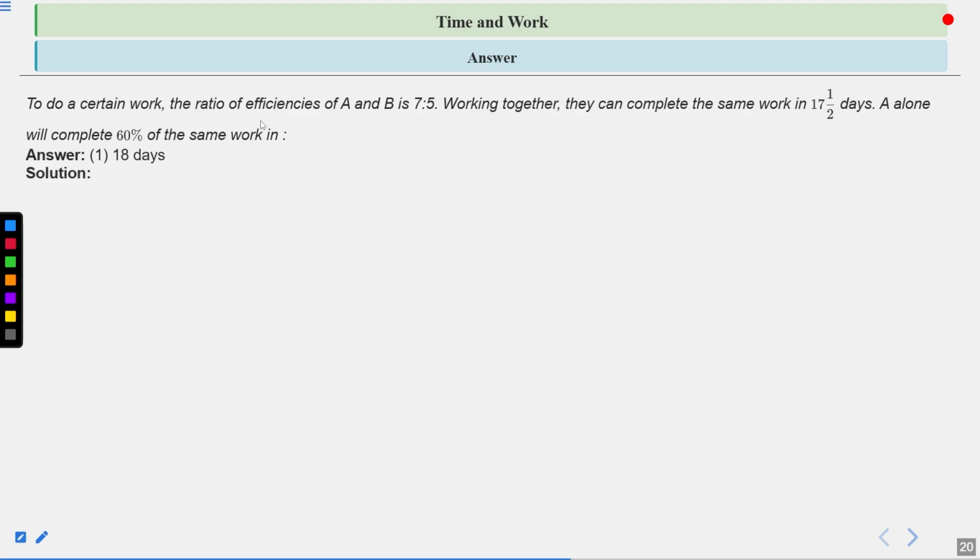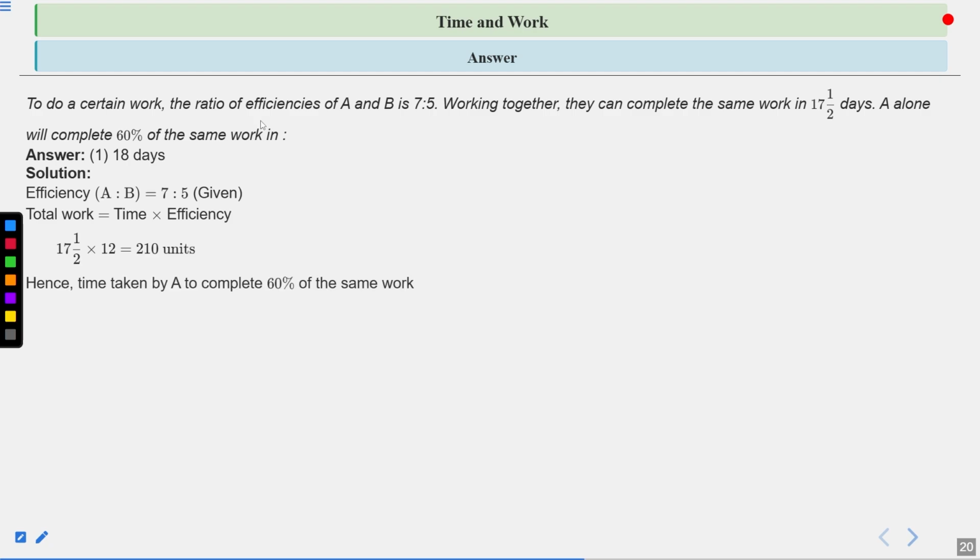Now see the detailed solution of this question. The efficiency ratio A : B is given as 7 : 5. Now we know that the total work is time into efficiency. So 17 and a half into 12 becomes 210 units.